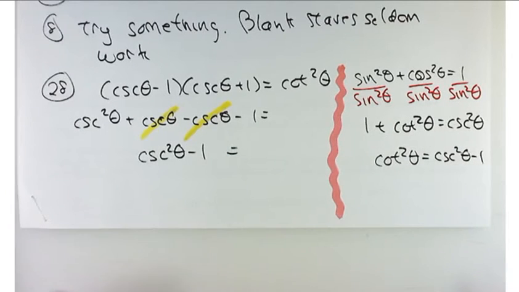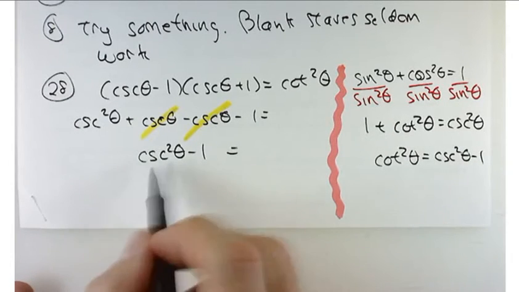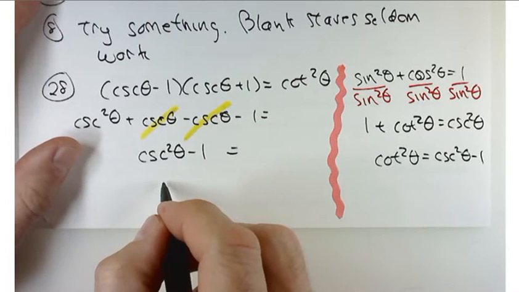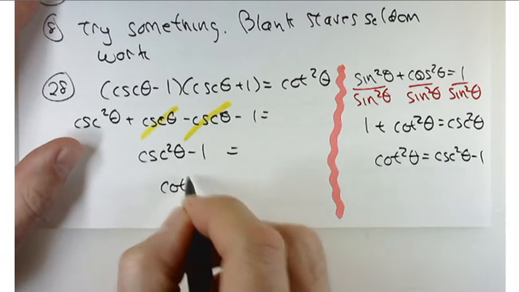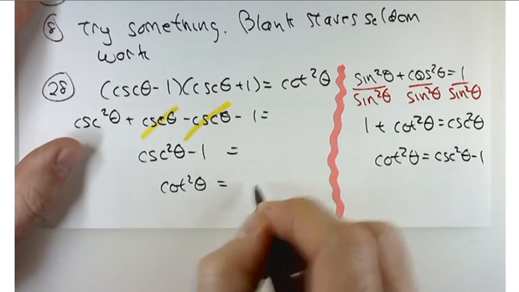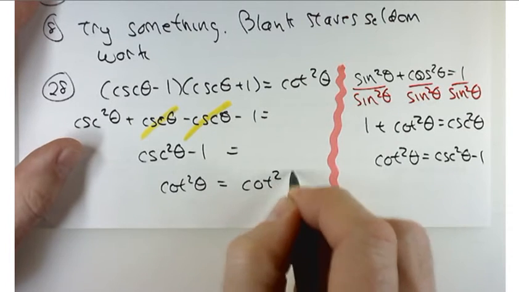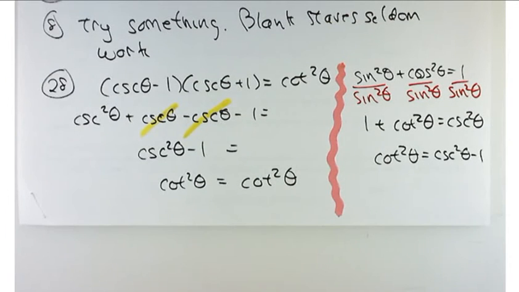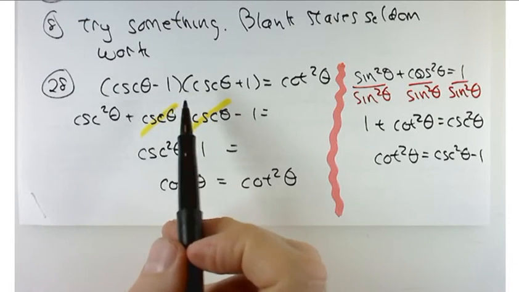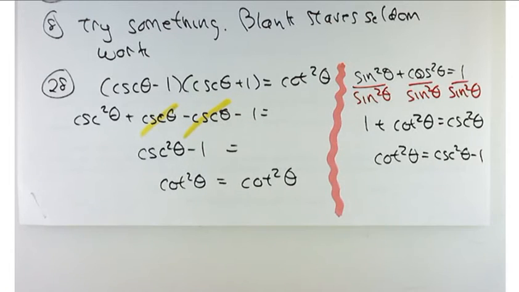Perfect. So what can I write here then on the left-hand side? Cotangent squared of theta. And there you go. We worked exclusively with the left-hand side, and we eventually showed that, as strange as that looked initially, these two things are actually equal. So good on us. We got it right.